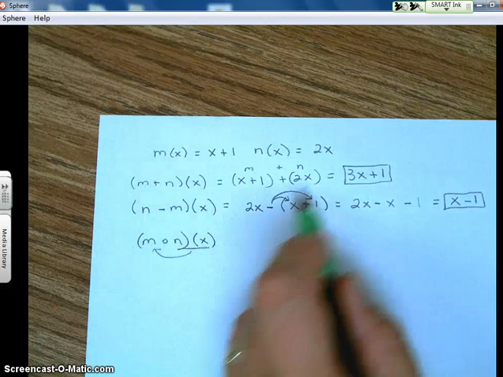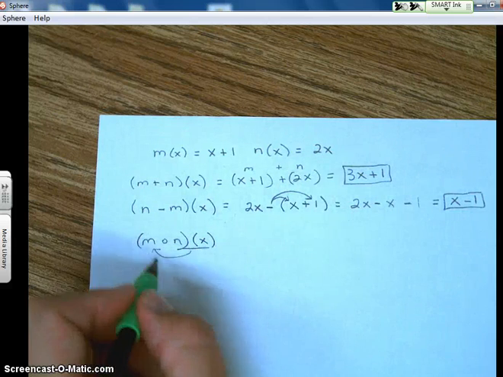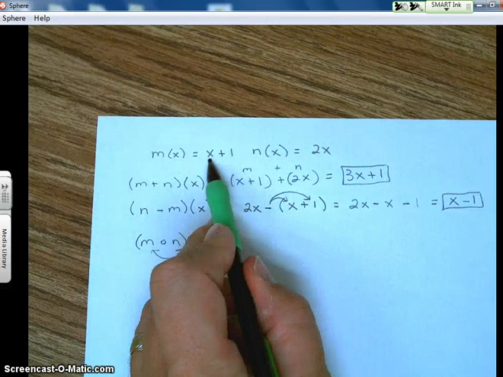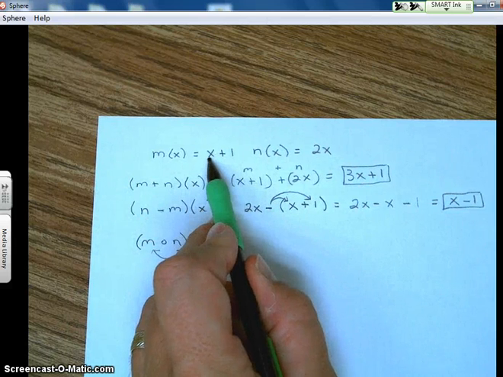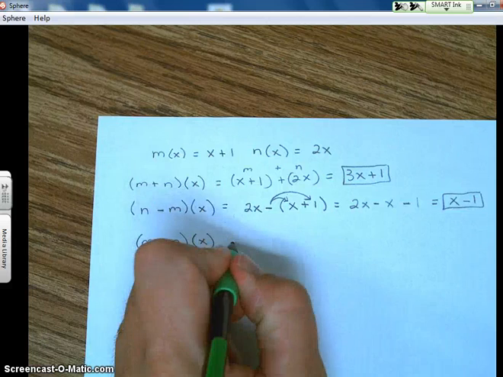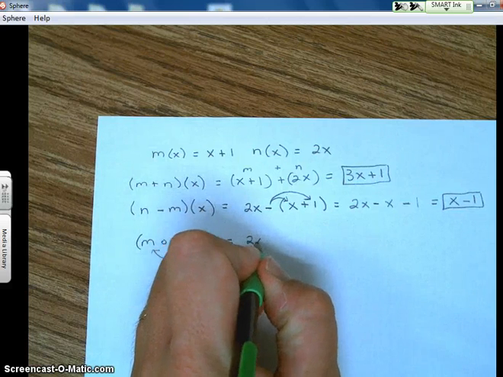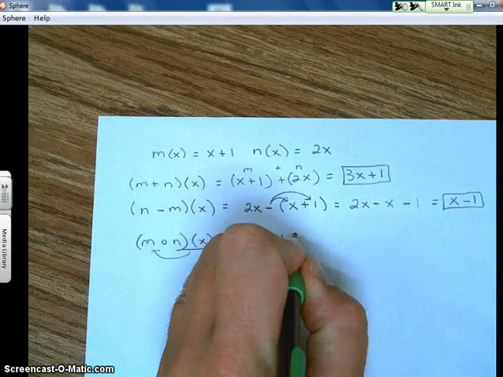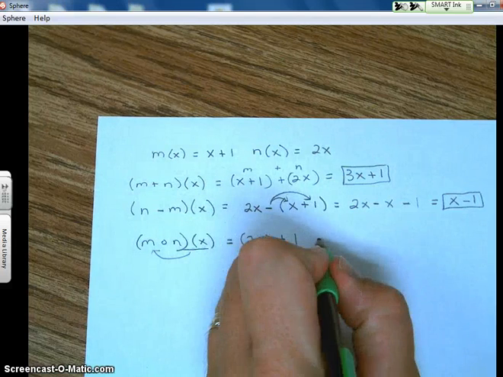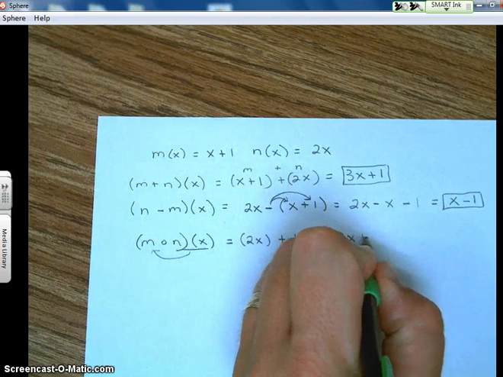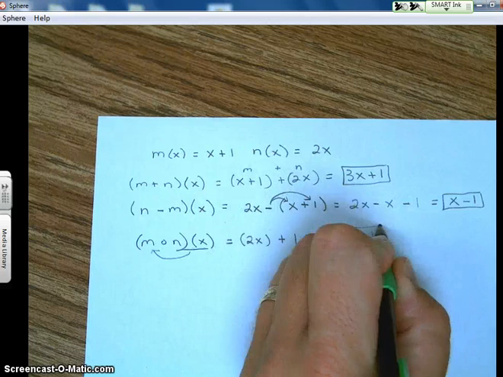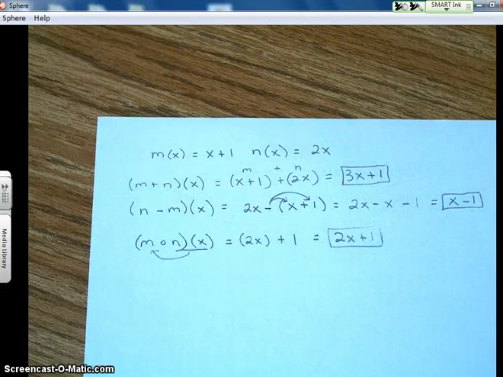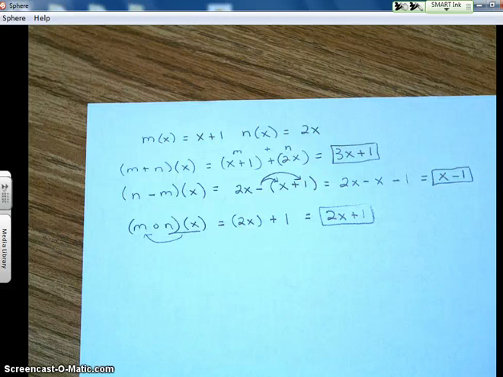So n is going to be 2x. So everywhere you see an x, you put a 2x. So we're going to have 2x plus 1. Not much simplifying to do there. And there's your answer.